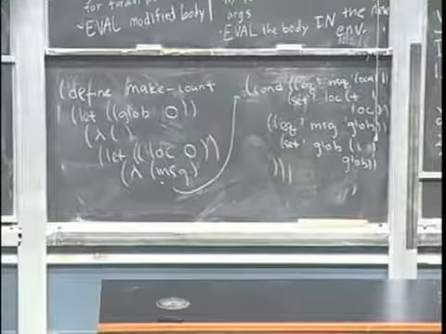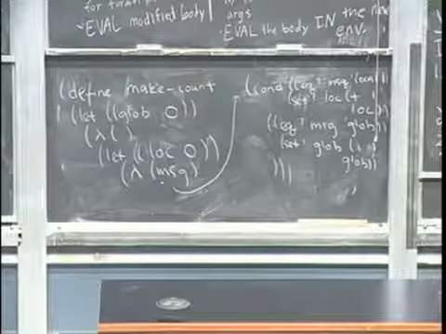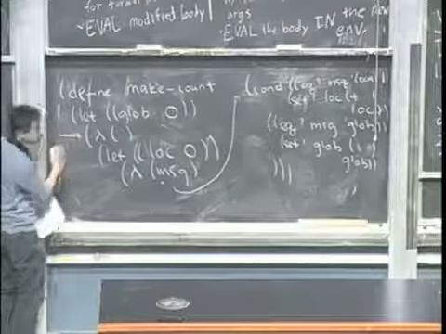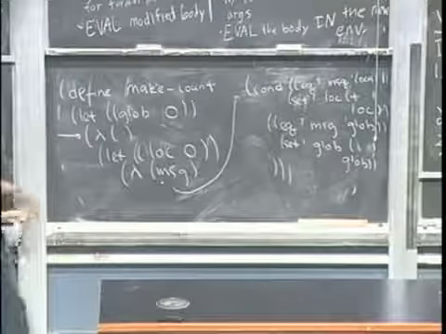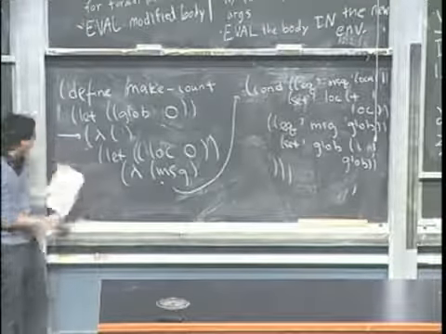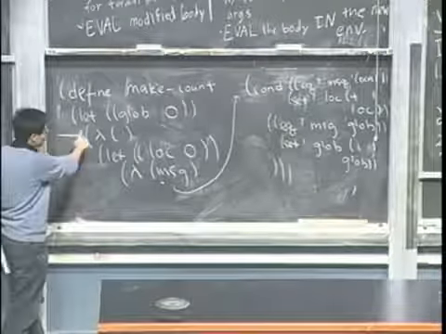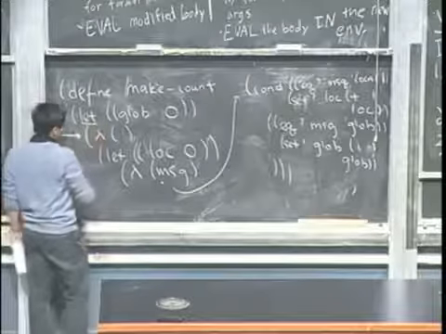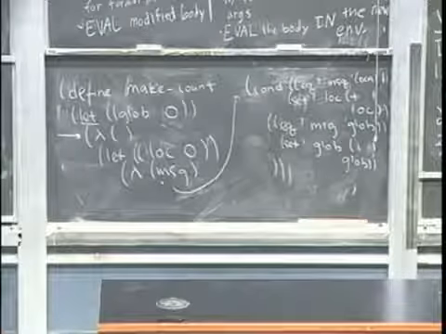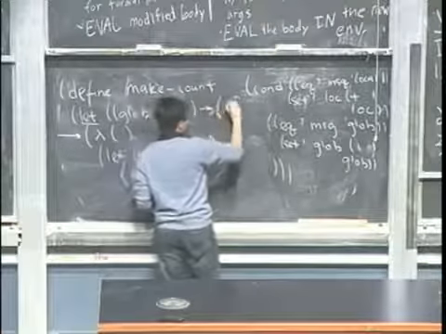Okay, so this make-count is a function, right? Does everyone agree? The main part is right here. The definition of make-count starts here. The reason I say it starts here is because when we define this, we know from midterm 1 that let turns into a lambda creation and also a lambda evaluation, because we can write let in this form.